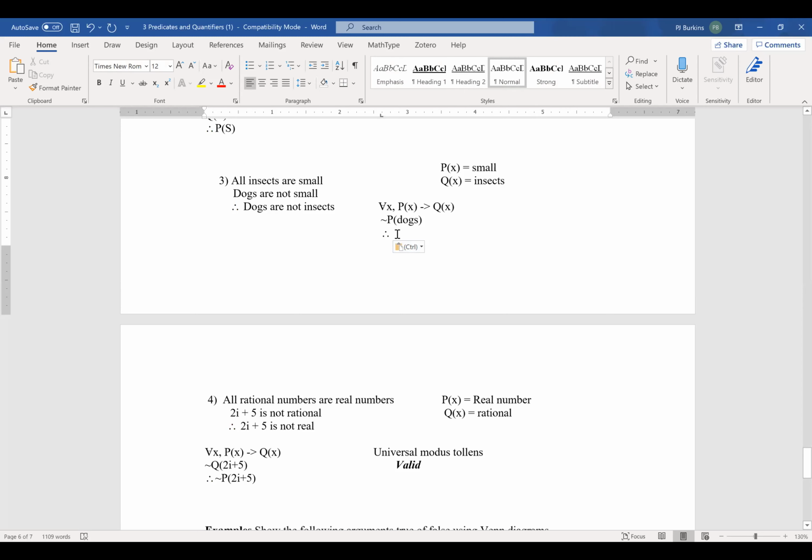So that's not Q of dogs specifically. And that, again, unfortunately, is not one that we have above. That one is called inverse error.